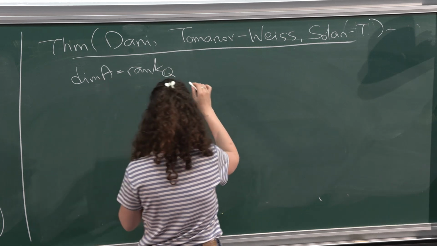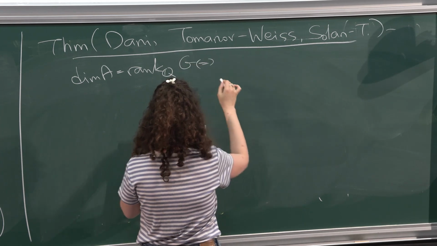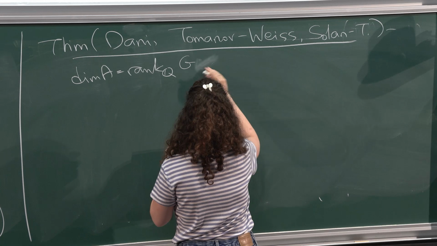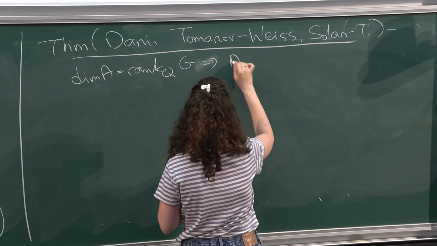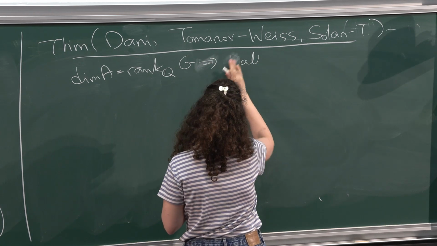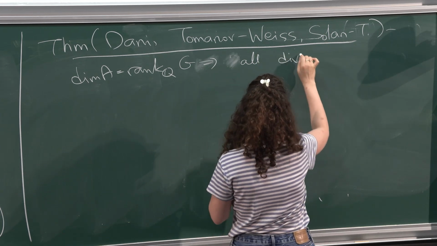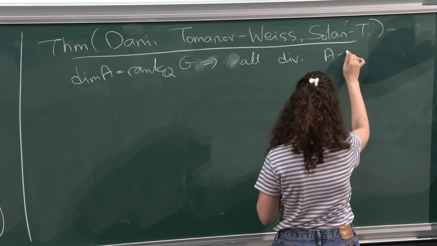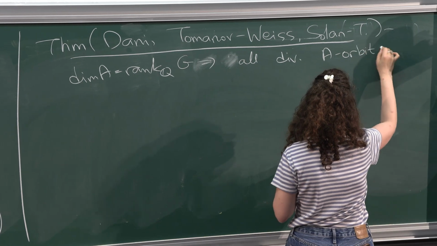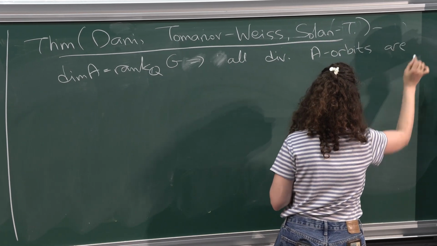So if the dimension is equal to the rank, then all divergent A orbits are obvious.